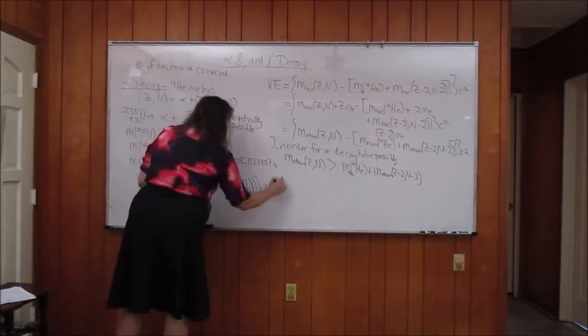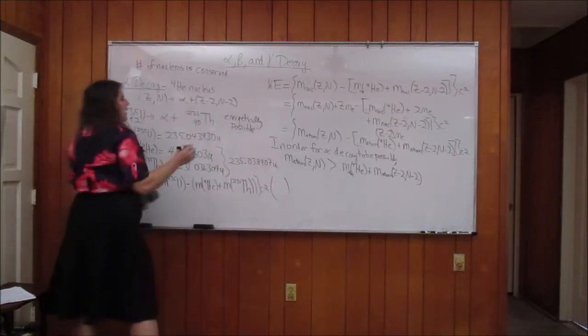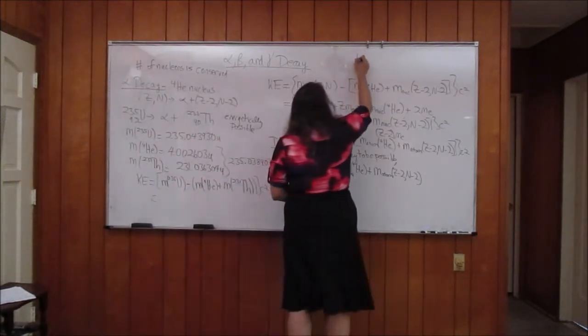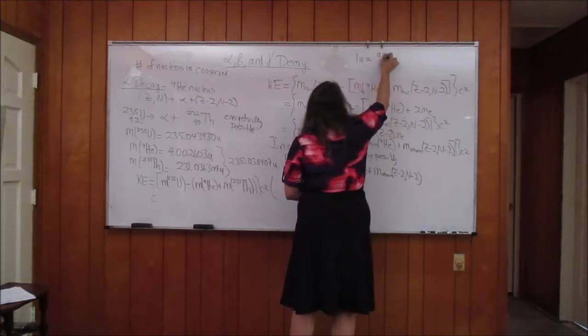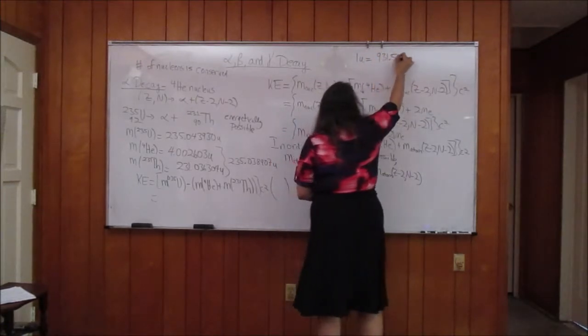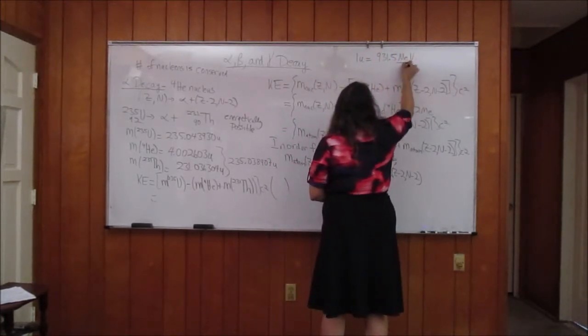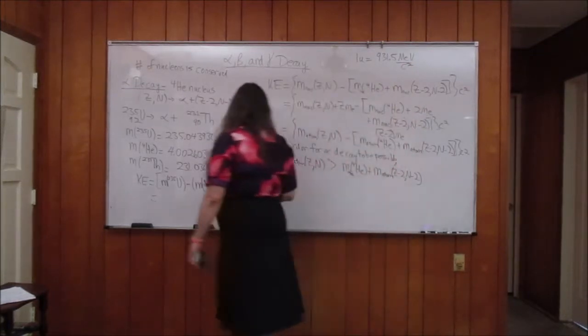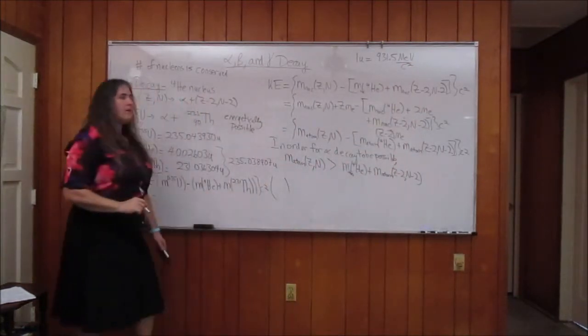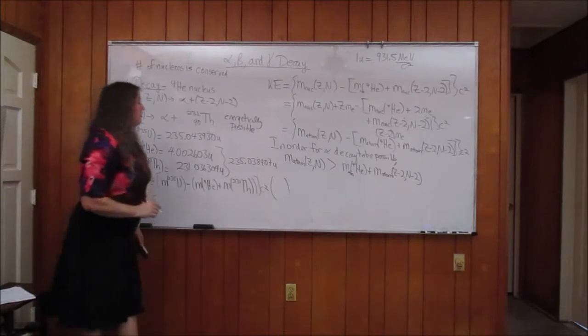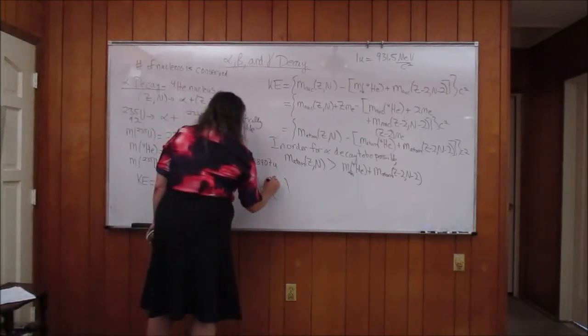And we need to multiply this by a conversion factor. One atomic mass unit is equal to 931.5 megaelectron volts over c squared.